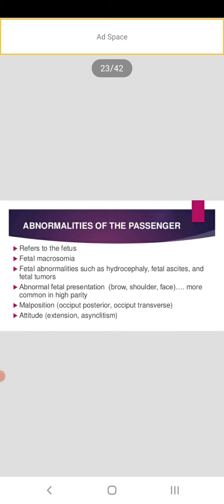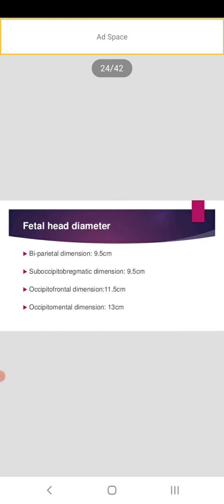Abnormalities of the passenger, that is the fetus: macrosomia, hydrocephaly, fetal ascites, fetal presentation, broad shoulder, then malposition, that is occipital posterior, occipital transverse, attitude extension, acrania. Then fetal head diameters, parietal diameter.